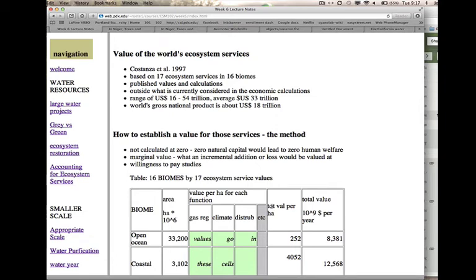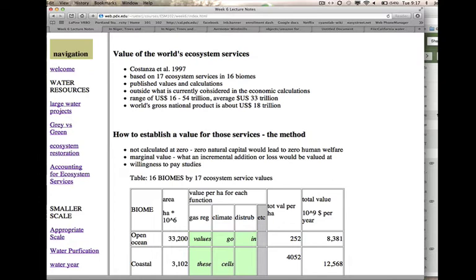Well, Costanza and a lot of other authors wrote a really seminal paper in 1997, and that team looked at 17 ecosystem services and 16 biomes, 16 different types of vegetation, soil, and climate across the world. And they worked on published values and calculations, and they also had to calculate a lot of these things, sort of make estimates for themselves.